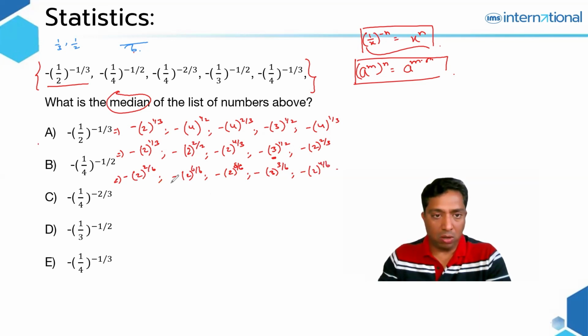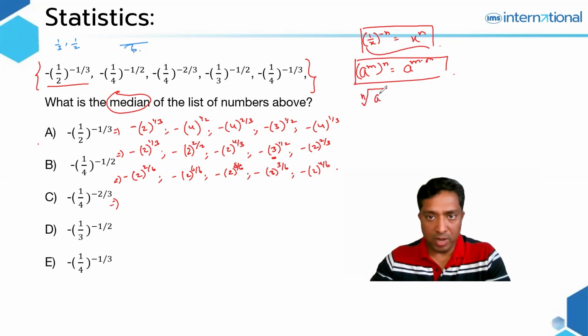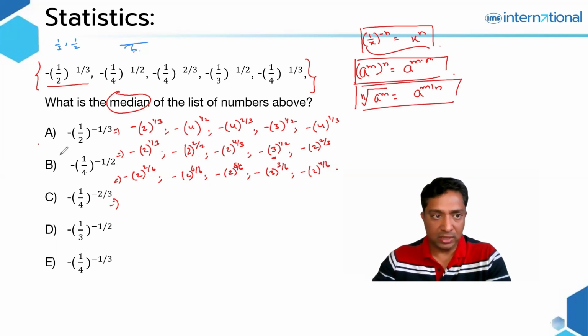So you see all of these 5 different numbers have powers with the denominator 6. If you know this formula, nth root of a power m can be written as a power m by n. All of these elements that we have are in the form of a power m by n, so we can rewrite them as nth root of a power m.